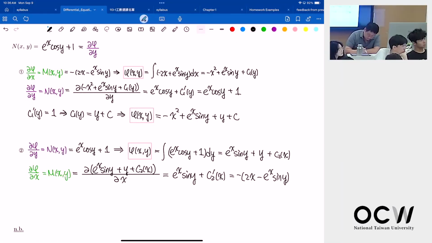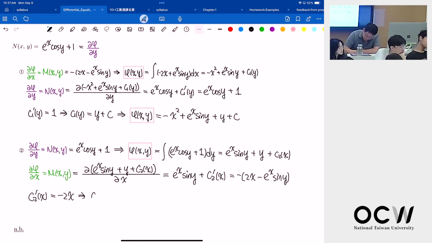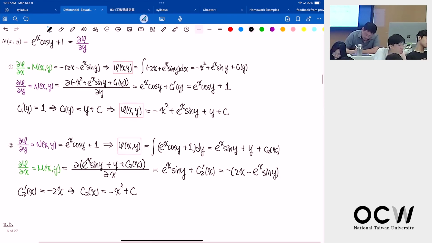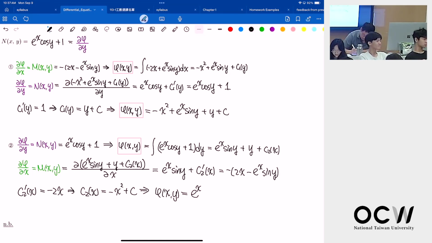So the c2 prime is minus 2x. So your c2 function is minus x squared plus a constant. And then your potential function is e to the x sine y plus y minus x squared plus c.